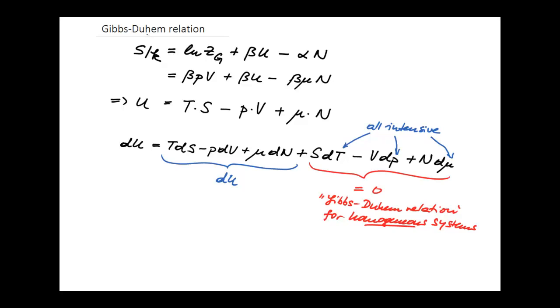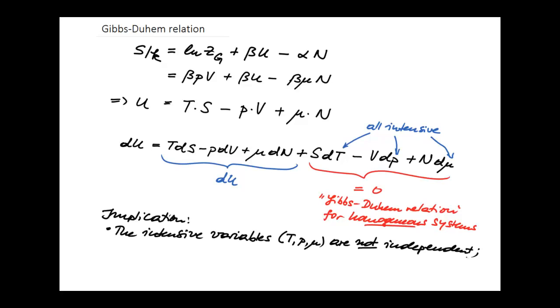Now this has an interesting implication because it means that the three differentials dT, dP, and d mu are not linearly independent. These are the three intensive thermodynamic variables of the system, and the Gibbs-Duhem relation tells me that these three intensive variables are not independent. So you can always express one of these three intensive variables as a function of the other two.